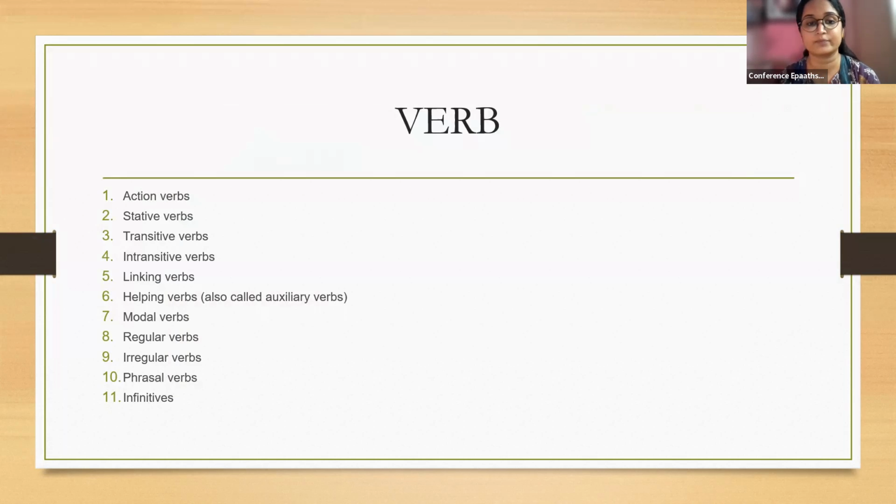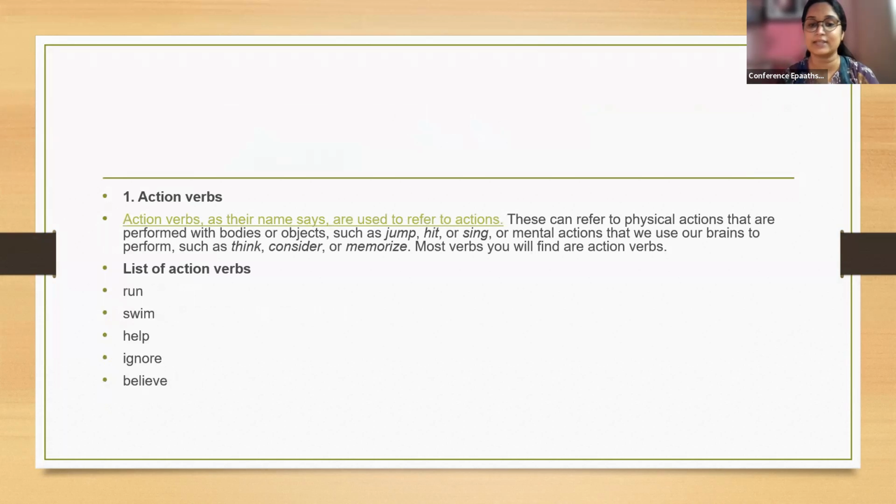Then we will move on. So action verbs, as the name says, they refer to some actions always. Verbs are mainly action words. Action verbs you can easily identify, like run, swim, help, ignore, believe. By which verb you understand some action, physical actions, those are called action verbs.